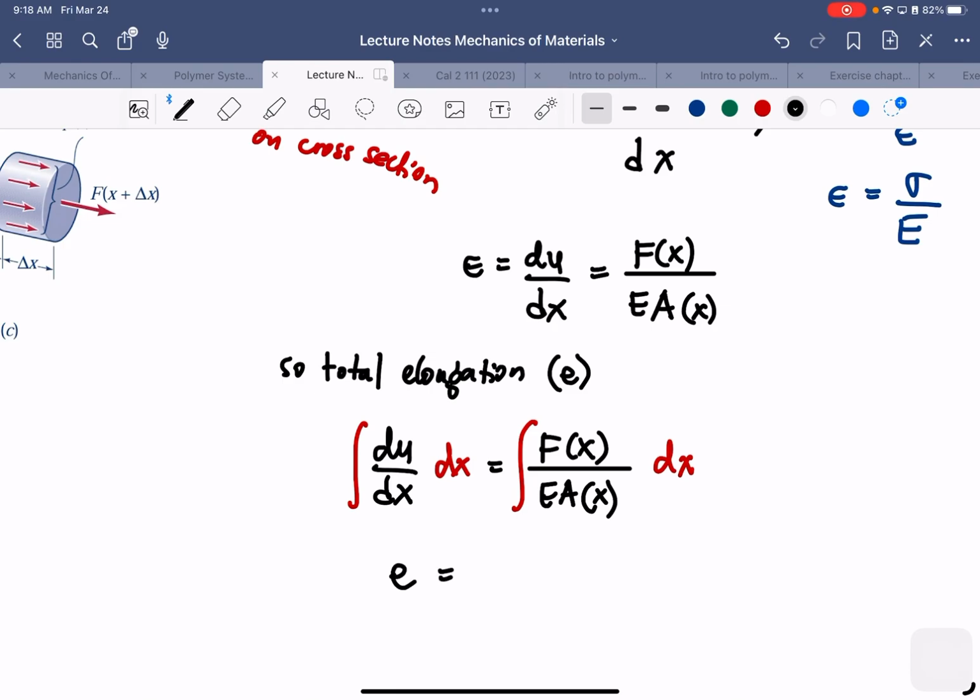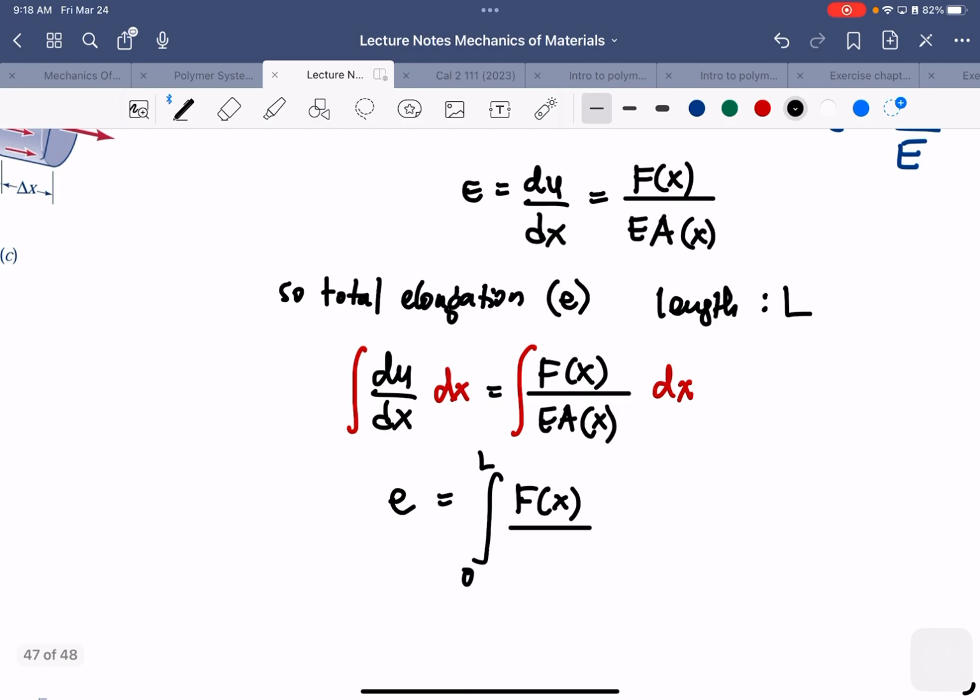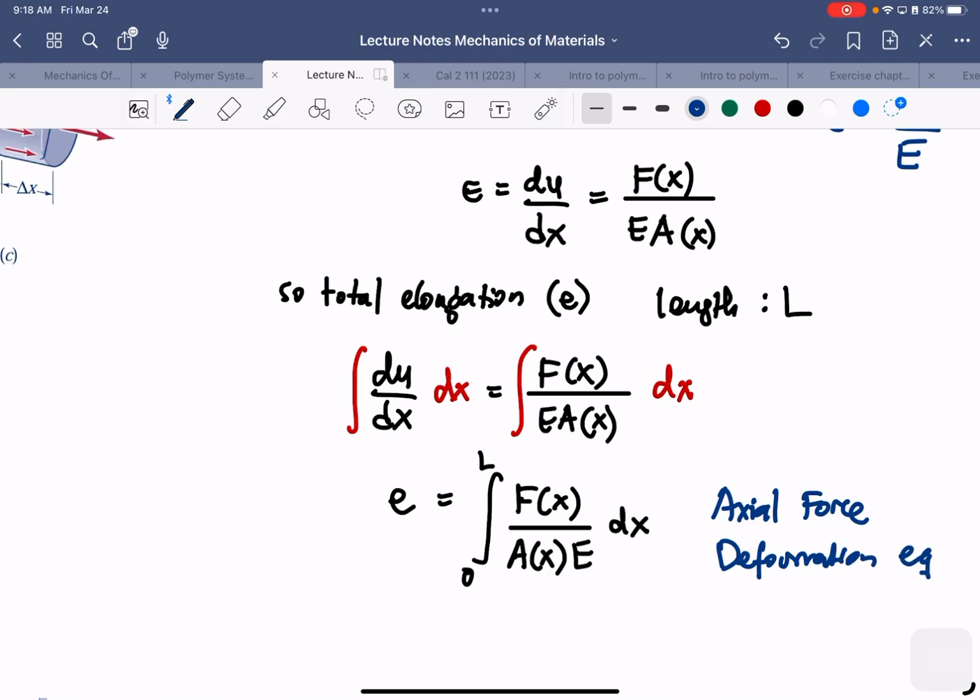So e is the integration, and let's assume the length is L, so we integrate from 0 to L. This becomes the axial force deformation equation.